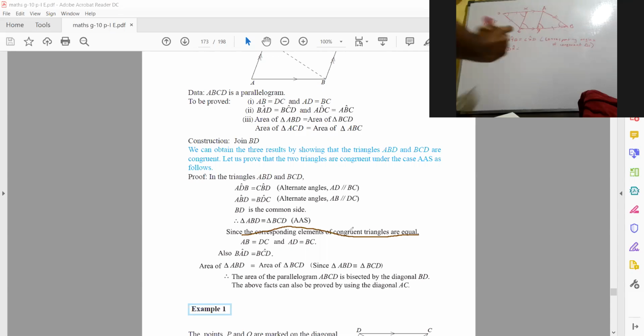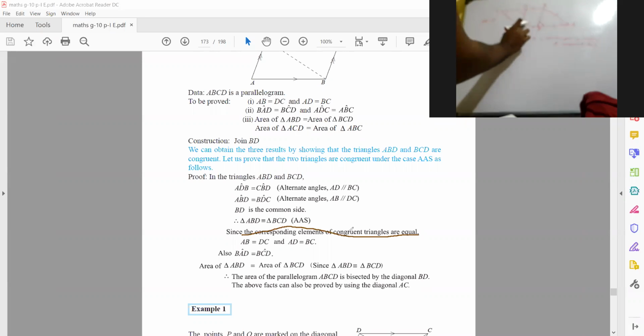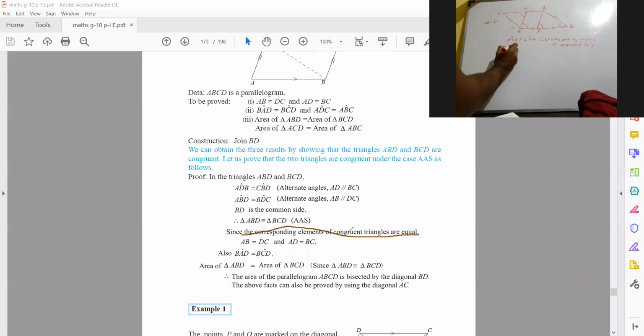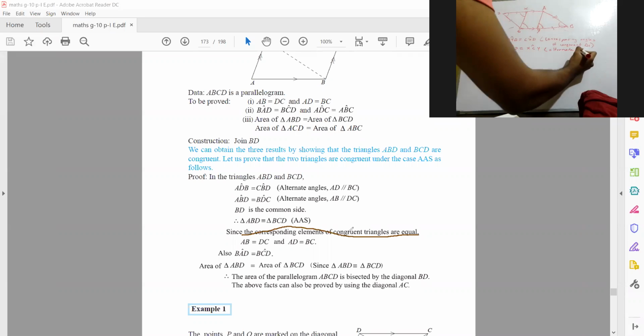Now the next one. First, I say those two are equal. Then we can say the angle CXD is equal to angle XCY as alternate angles.